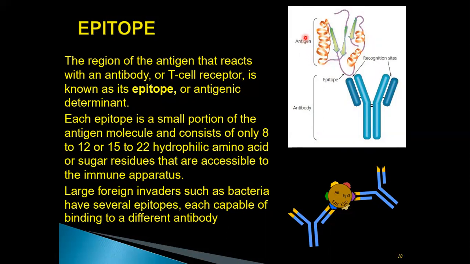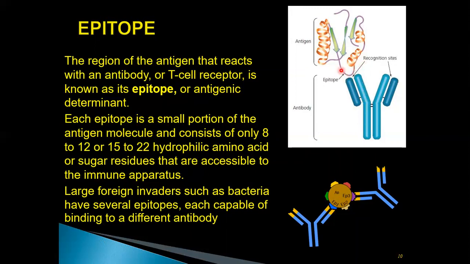And now when this is presented to the T cell or to the antibody, the part of it which is recognized by the antibody or the T cell is called the epitope. So epitope is that part of the antigen which is actually recognized by the circulating antibody in the body, or by the T cells.